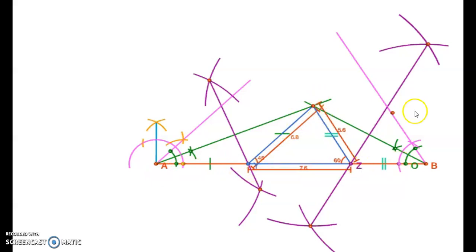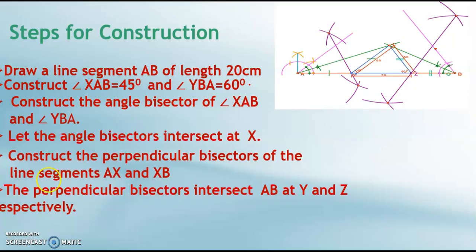Similarly, on the other side, Z is a point on the perpendicular bisector of XB. So BZ will be equal to XZ. So this length is equal to XZ. That's how what we have considered initially, AB equal to 20 centimeters, is equal to the perimeter of this triangle. Now let us check the construction steps.